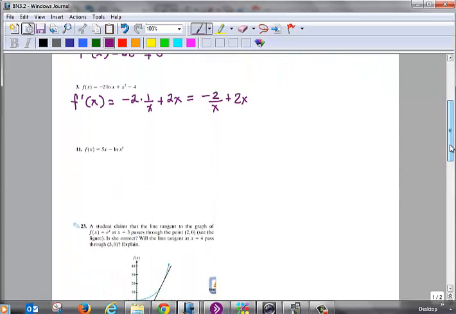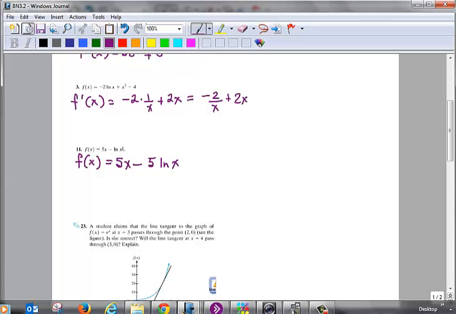All right, in the next example, we'll take the derivative of the function 5x minus the natural log of x to the power of 5. Keep in mind that there's a property of logarithms that says this can be written as 5x minus 5 times the natural log of x.